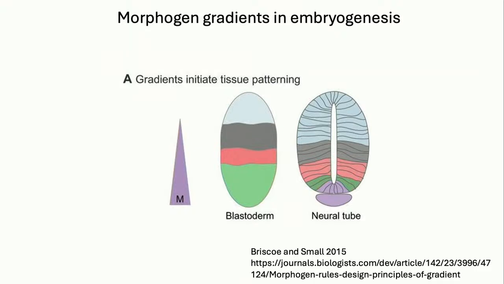Now all of this is not happening alone, right? All of this is happening in the context of gradients, very nicely alluded to already in the beginning by Marcin. So in the case of the blastoderm embryo, there are gradients in the anteroposterior axis and the dorsoventral axis. These morphogens give rise to activation of transcription factors.